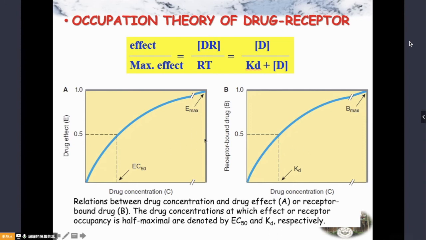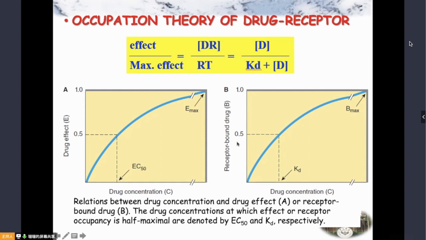It is similar. And the Kd means the drug concentration at which the receptor occupancy is 50% in here. And in Fig A, you can see the drug concentration at which effect is 50%, we call EC50. So in the drug concentration effect curve, here is EC50.